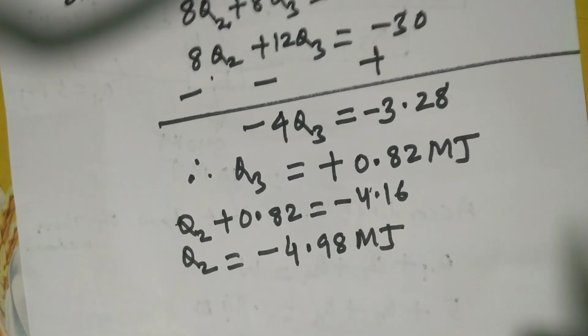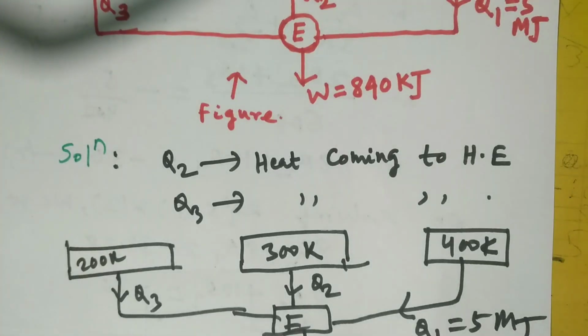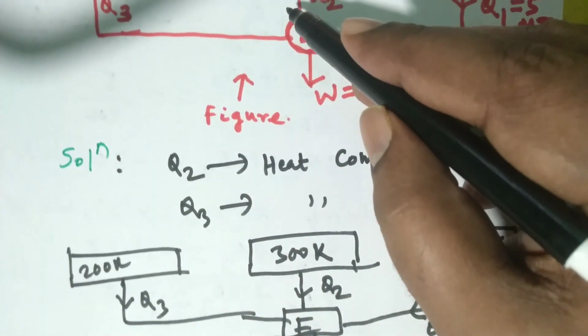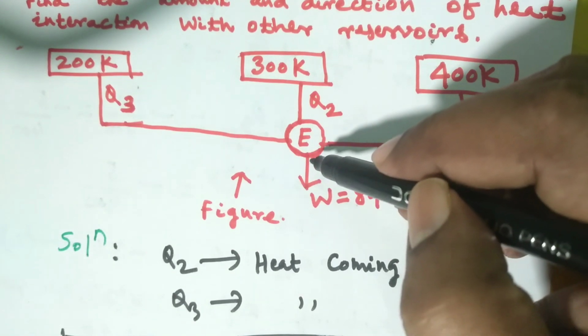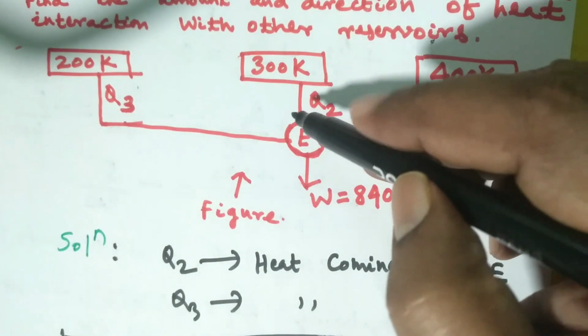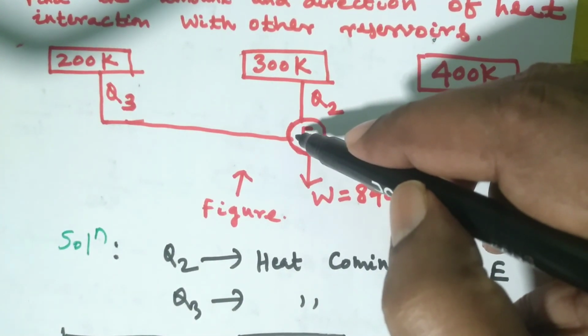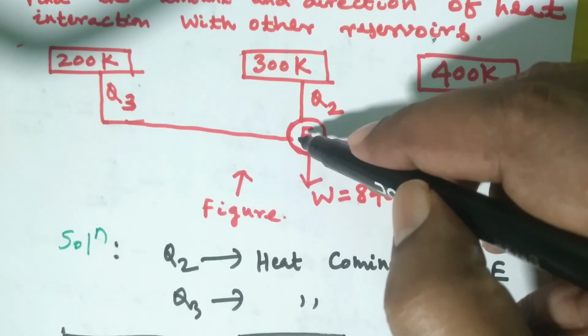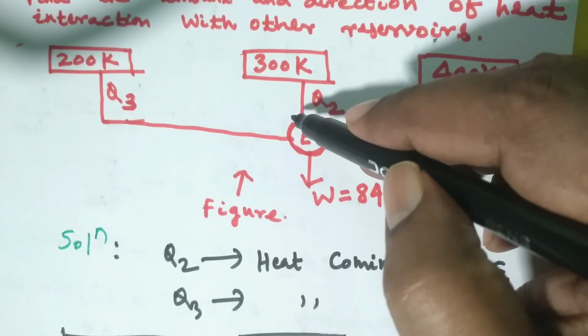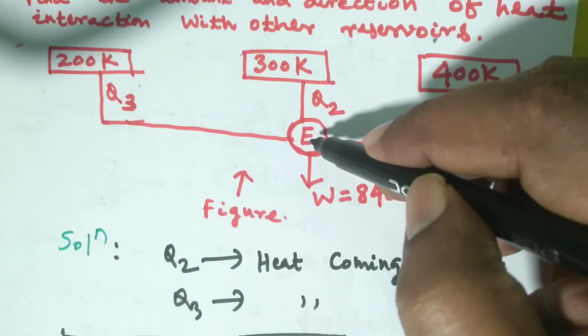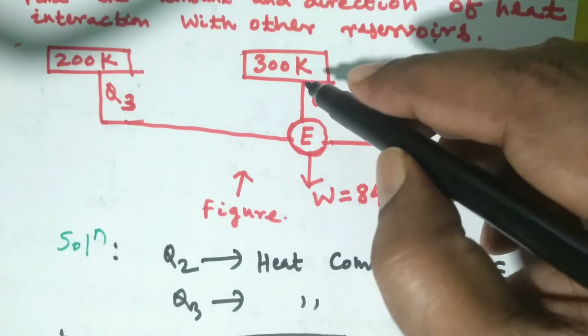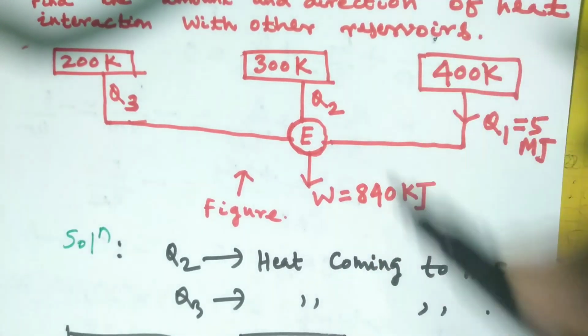So Q2 is negative, meaning the direction we had assumed is not correct. We had assumed that Q2 is coming towards the heat engine, but this is not correct, and the correct direction is that heat is going away from the heat engine, or heat is being rejected to this 300 K reservoir from the heat engine.